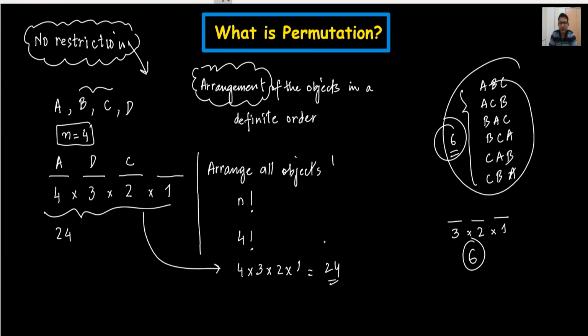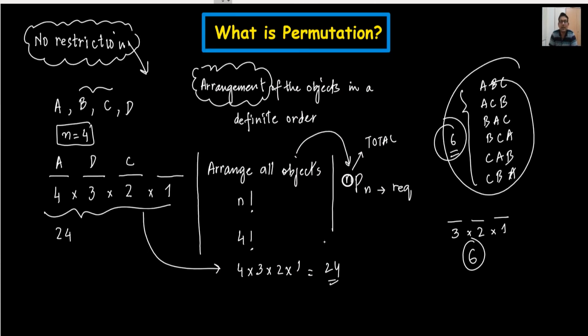Even we can write, when we use all the objects, nPn. This means we are talking about all the objects, there is no restriction. So n is the total, and this n is how many you need. As there is no restriction, it's nPn.